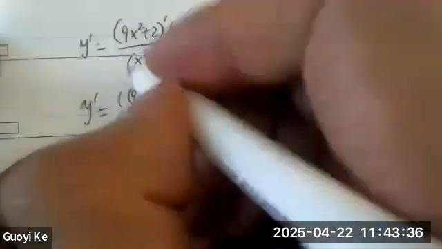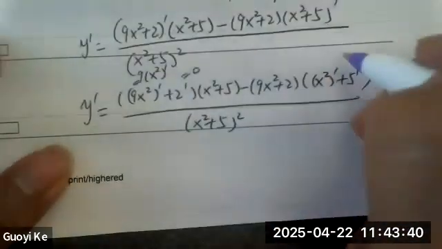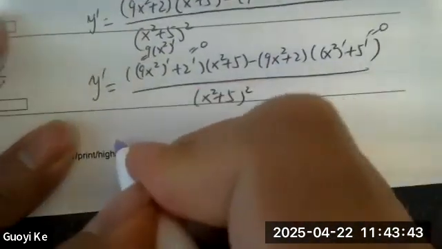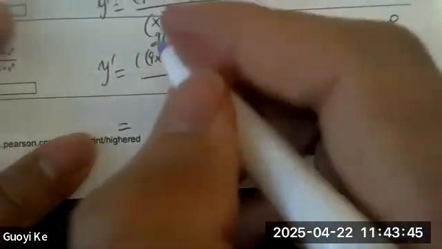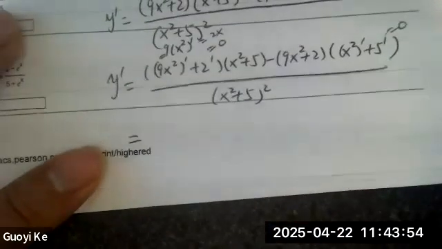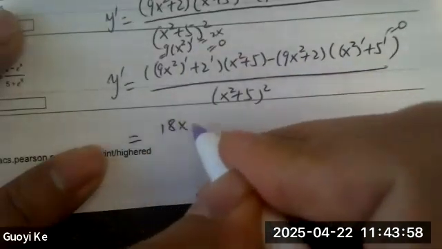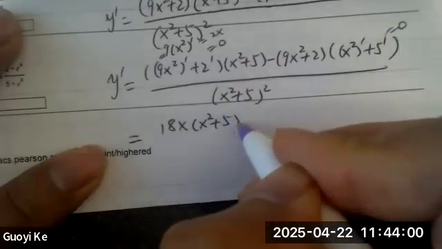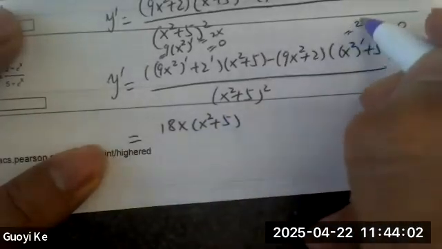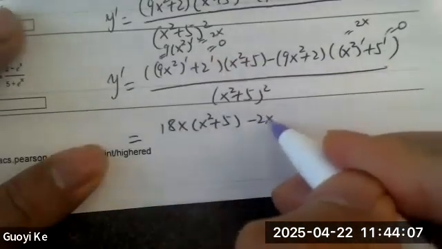This one is 0. For the first function, the derivative of x squared is going to be 2x, right? So 9 times 2x, 18x. And this is 2x.